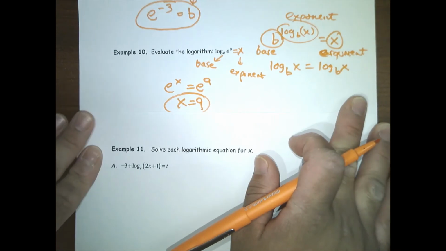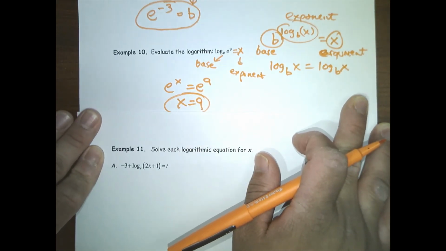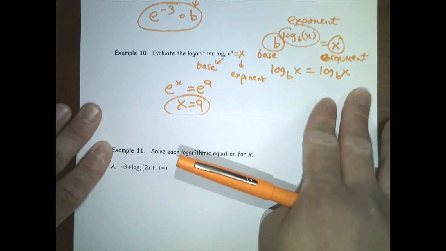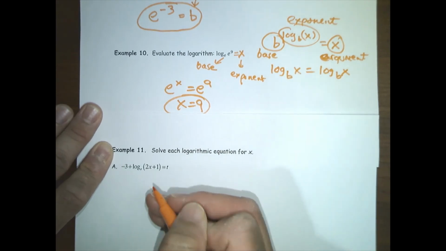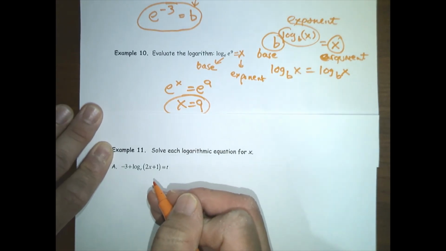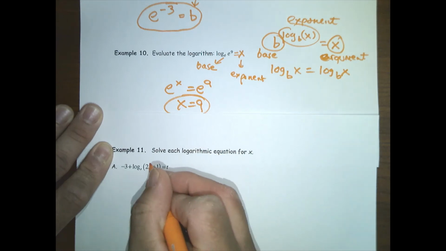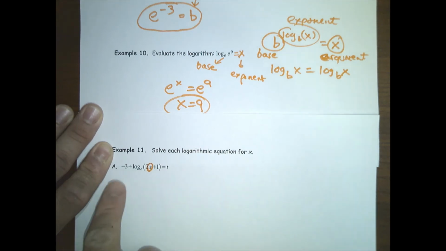Now let's solve each logarithmic equation for x. We have to remember that we are going to try to isolate the x. So that means start by isolating the logarithm here. Let's add the 3 to each side.